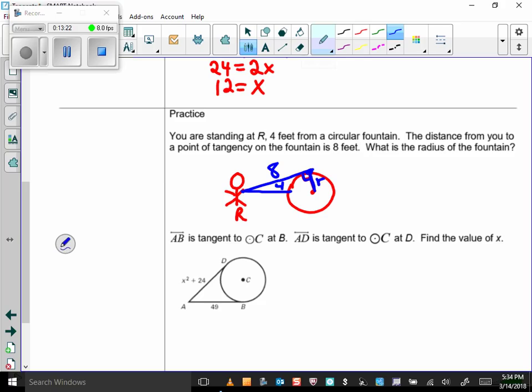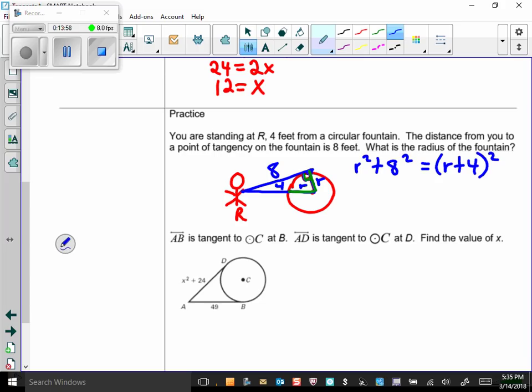That's r, and the part from the edge of the fountain to the center is also r. Let me highlight those radii in green so you realize they're both the same. That's a right triangle, so let's set up our equation. Once again, we're going to use the Pythagorean theorem. We know that r squared plus 8 squared equals r plus 4 squared, because r plus 4 is the length of the hypotenuse.